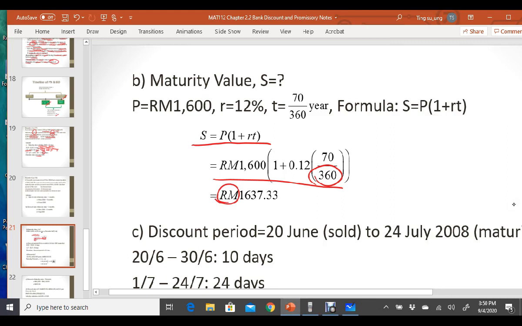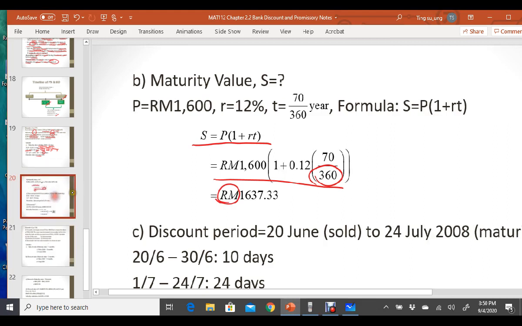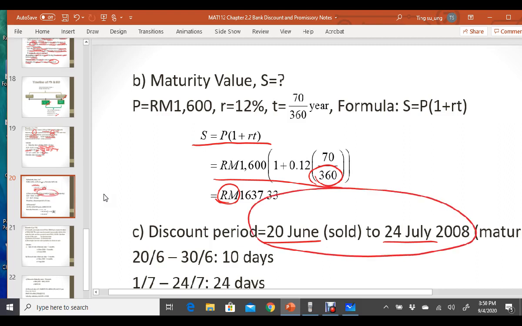Don't forget to write down the unit RM. Now, how about the discount period then? The questions already tell you it was sold on 20 June, and 24th July 2008 is the maturity date. So how are you supposed to calculate the period of time? You just get the dates allocated within the time.